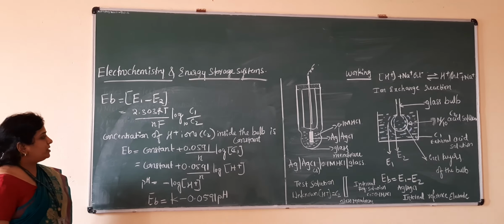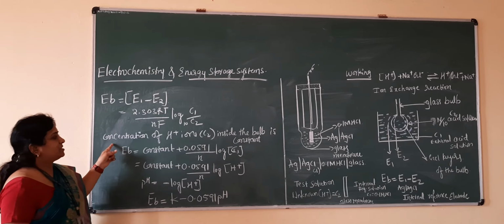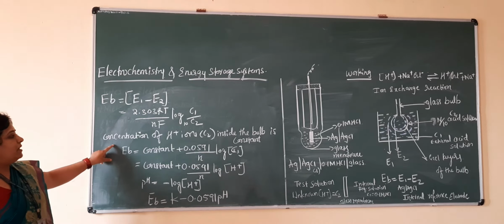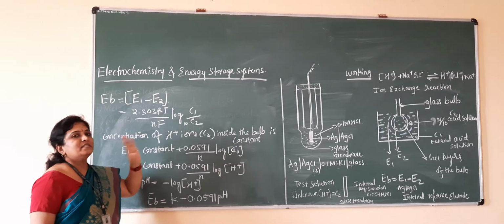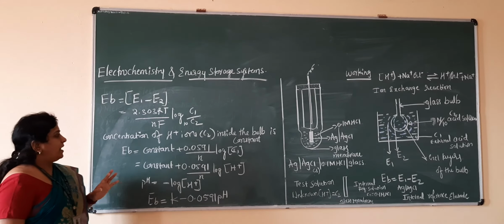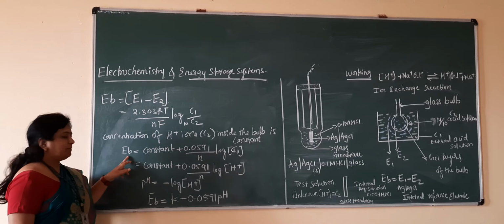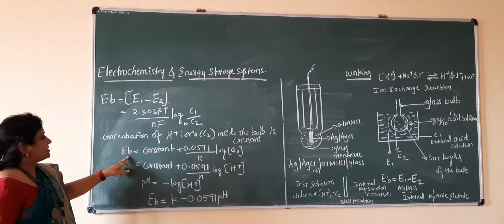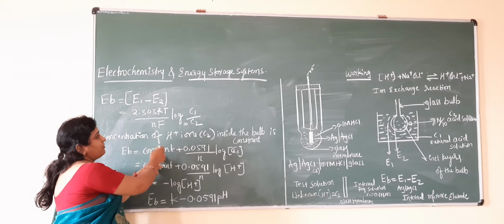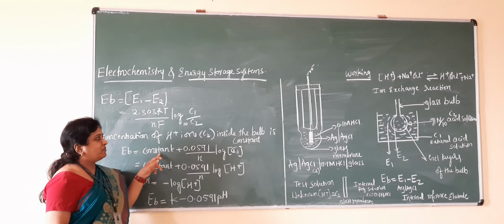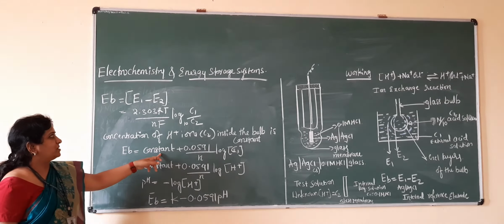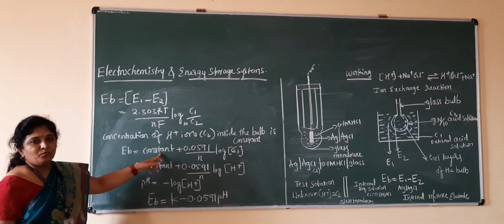Now what will we do here? Let us take the concentration of H plus ions inside the bulb, C2, as constant. So what remains is that EB, the boundary potential, is equal to a constant, the term with the negative sign that contains C2, minus 2.303 RT by NF log C2 to the base 10.